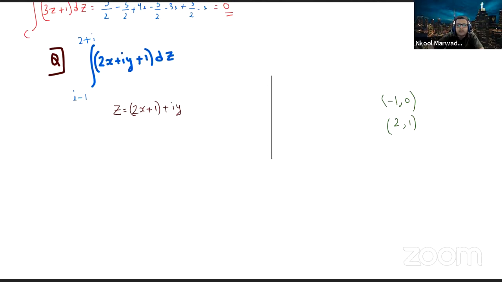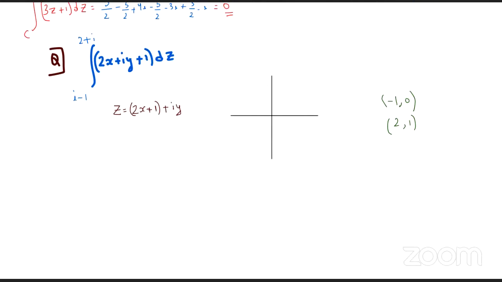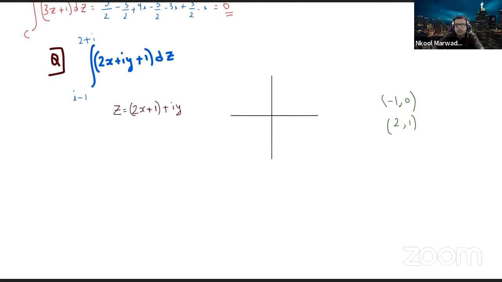It's clear now why, how I got this point, minus 1 comma 0, 2 comma 1? See, these limits are already given in the question. Because whenever we are drawing the graph, whatever limits are given, we have to do it accordingly.